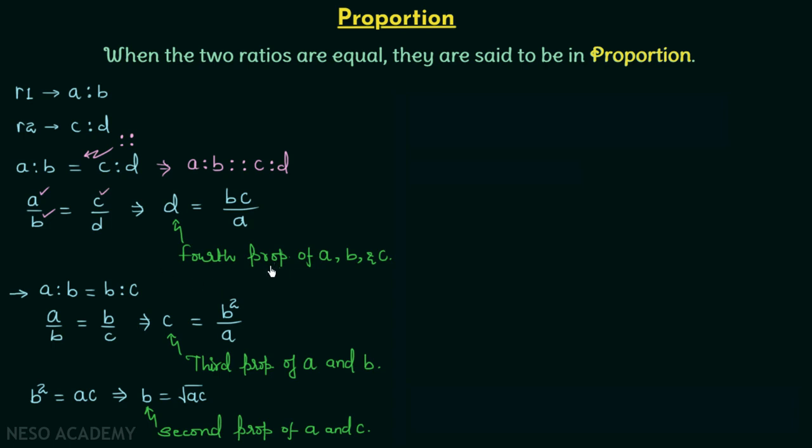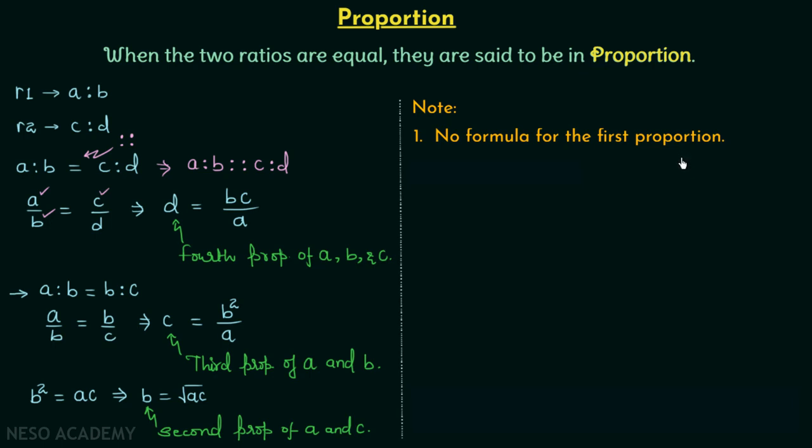Now what about the first proportion? There is no formula for the first proportion and you won't have questions on first proportion. Let's now move on to some rules. From here we will have A over B equal to C over D. If I add 1 on both the sides, we will have A over B plus 1 equal to C over D plus 1.